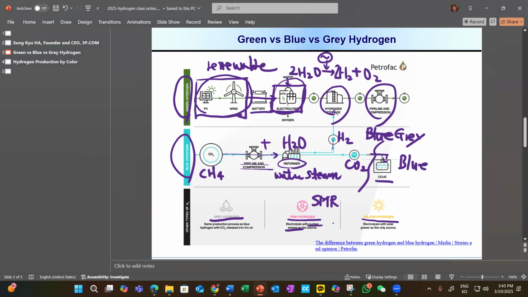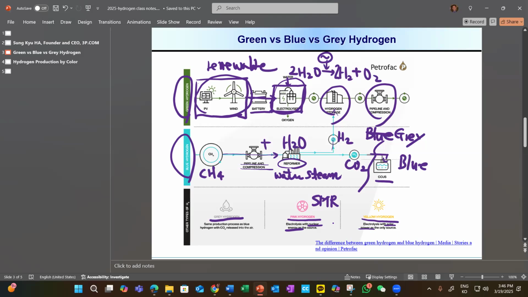So pretty much the same as this method, but rather than the nuclear, we use the solar power itself. This is different from PV. PV is the electricity generated from solar power.